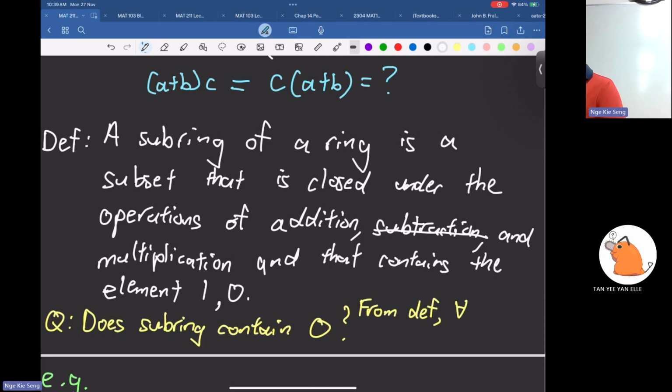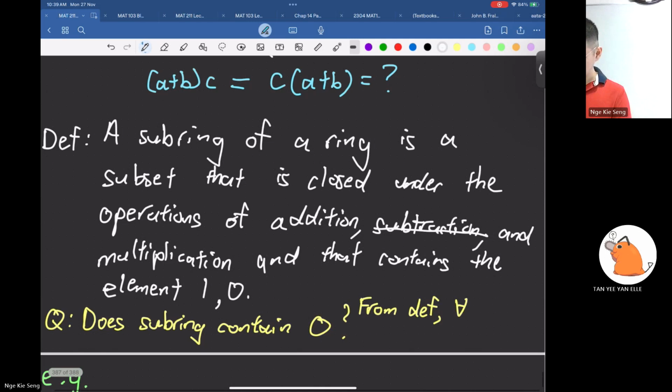So let's throw away this subtraction and then we say that 0 must be in there. If I have subtraction, meaning I can subtract every element, then maybe I don't know what x minus y is, but I definitely know what x minus x is, which is 0.